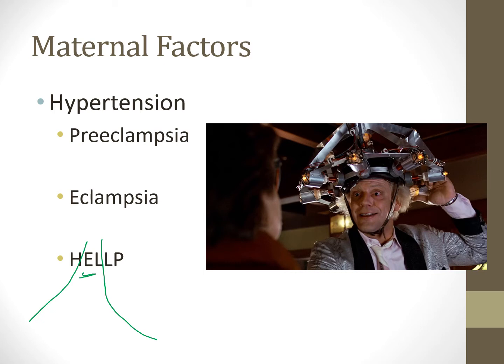Usually it develops before 37 weeks gestation. So this can be a sign that we might have to have a baby come in early, or a sign of preeclampsia as well. HELLP syndrome falls into this whole realm of preeclampsia.